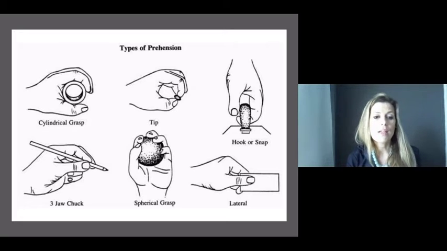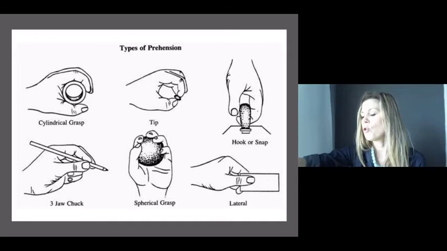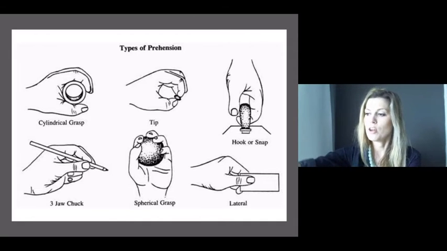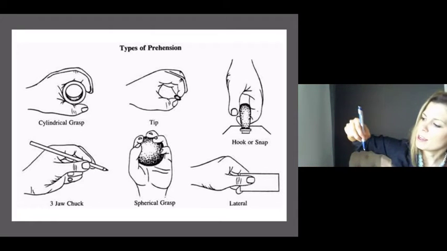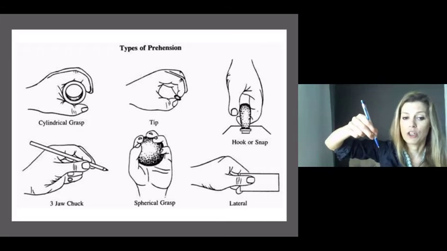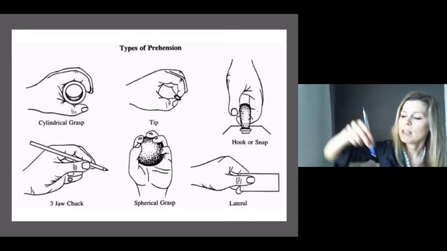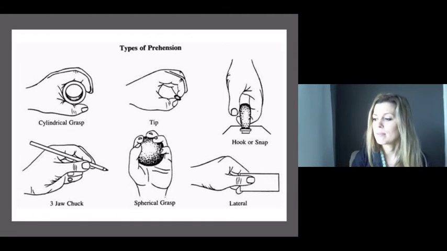You have three-jaw chuck. Three-jaw chuck can be used to hold on to a writing instrument. So if you're working on writing and you're using the thumb, the index finger, and the middle finger, that is going to be a three-jaw chuck. And because you're moving it, oftentimes it's referred to as a dynamic three-jaw chuck prehension pattern.